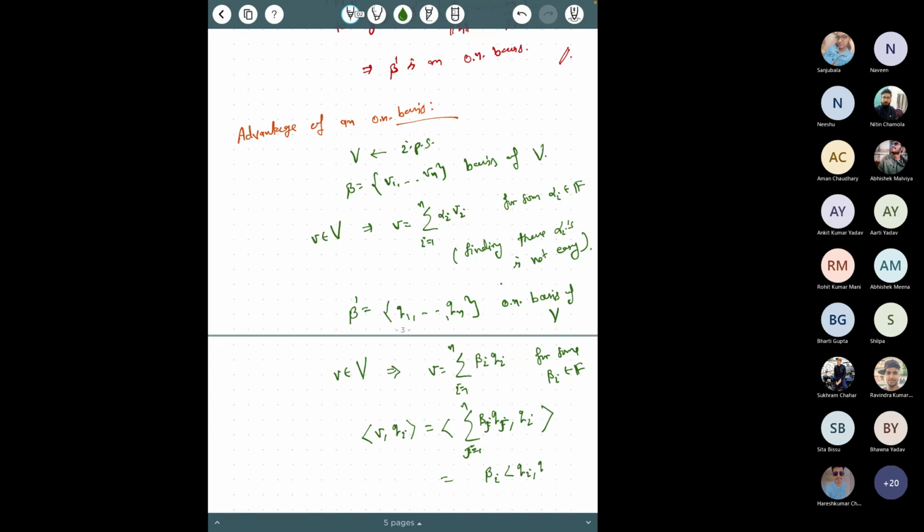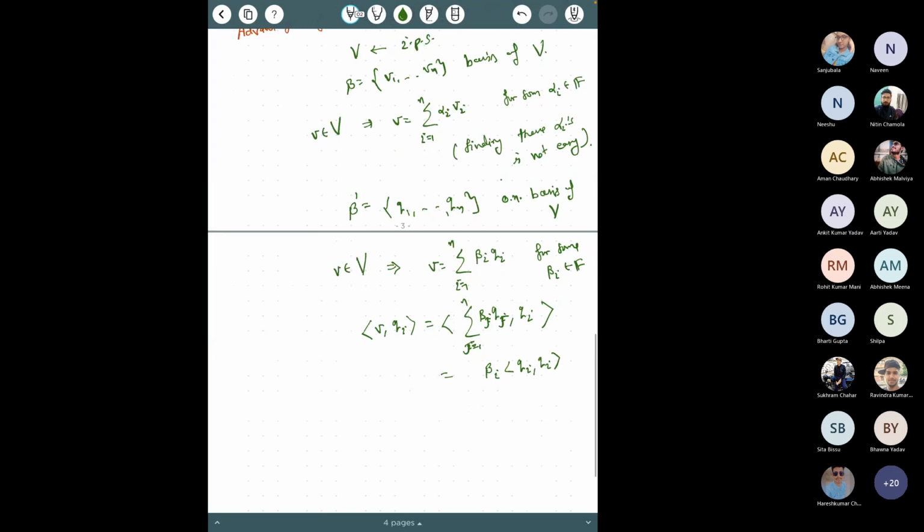So if B' is an orthonormal basis, then we can write v as a linear combination of basis vectors, and we can tell exactly what these coordinates are. So v can be written as the sum of the inner product of v with q_i, times q_i.